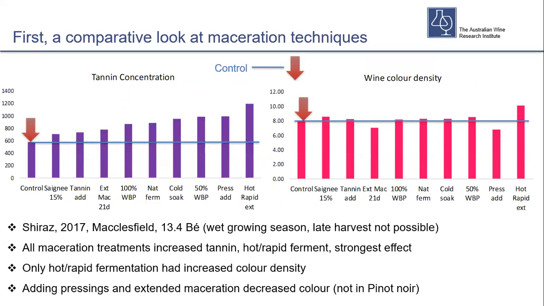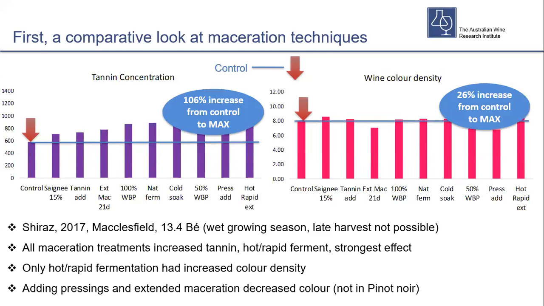So with Shiraz, we could see a range of changes in tannin, but again, simple techniques, like just changing fermentation temperature, produced the largest effect. In this case it was a 106% increase from the control to the maximum in tannin, and a 26% increase from the control to the maximum in color.